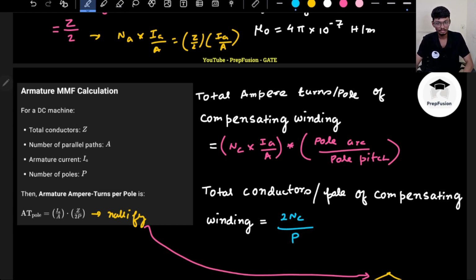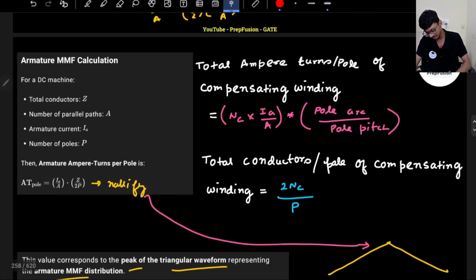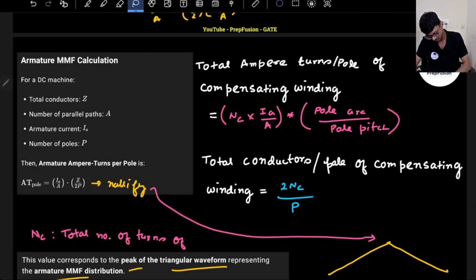This will be the total number of conductors per pole I will require. Nc is the total number of turns of the compensating winding.